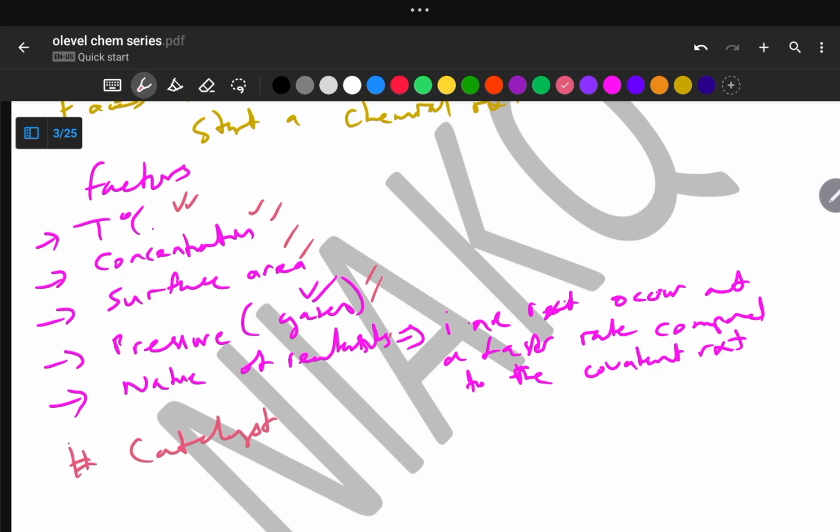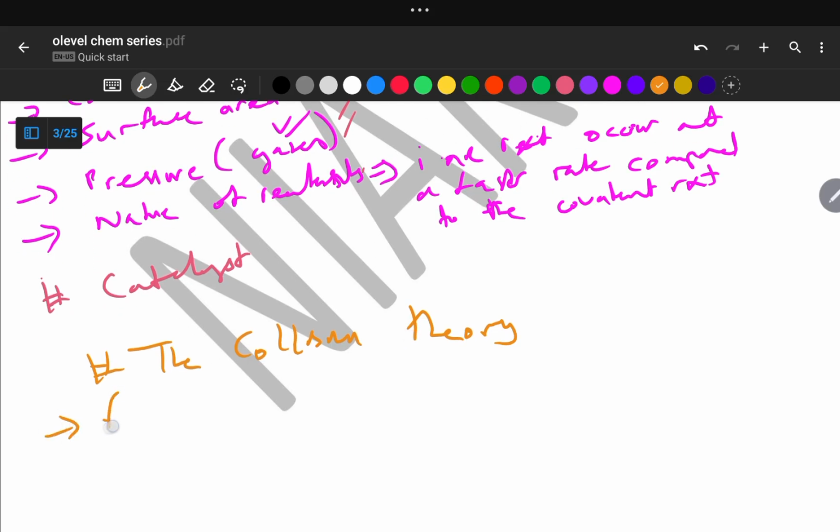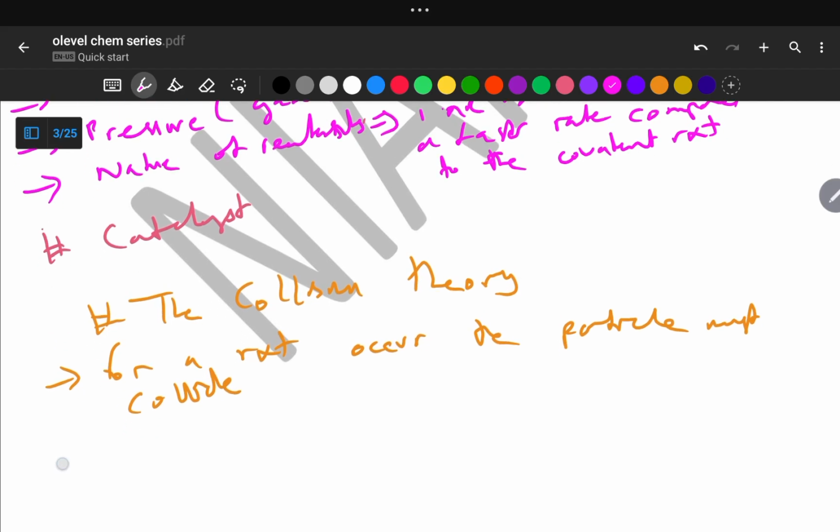So we have what we call the collision theory. The collision theory states that for a reaction to occur, the particles must collide, right? So they must collide in the correct orientation with sufficient energy to overcome the activation energy.